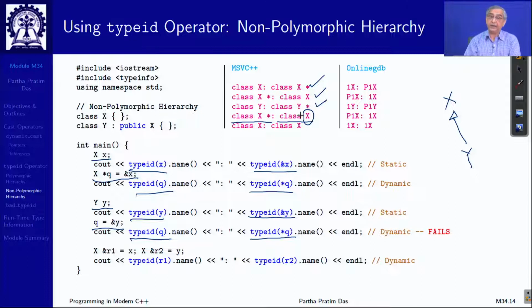So, I cannot get that. Because of this, the value of finding type ID on a non-polymorphic hierarchy is marginal. Similarly, you can do this, you will see the same thing here in terms of the reference as well, and different types of names for the online GDB system.